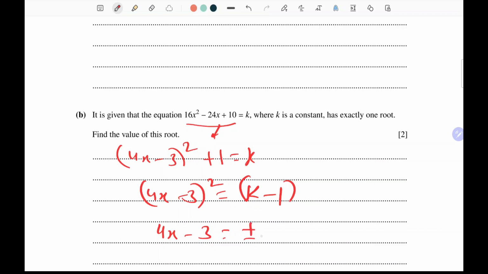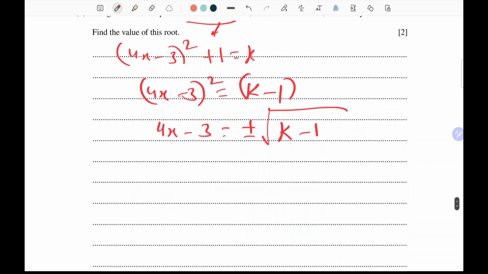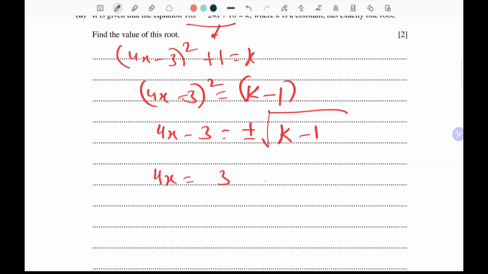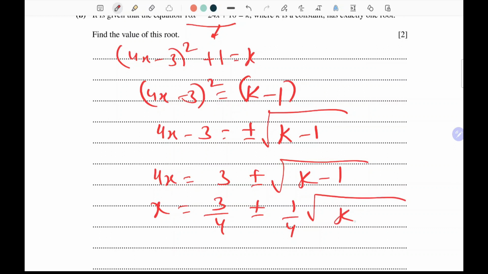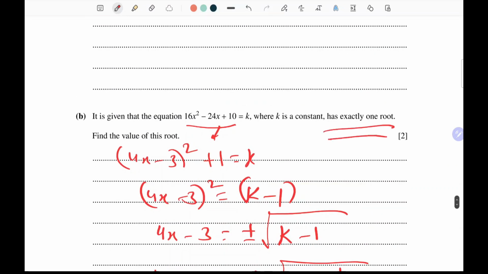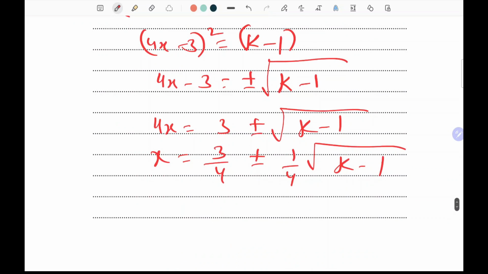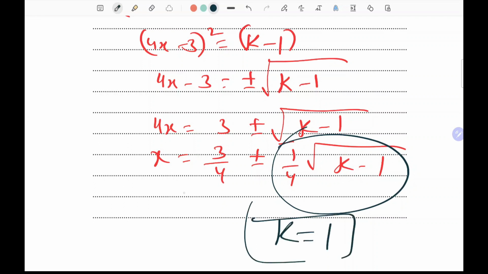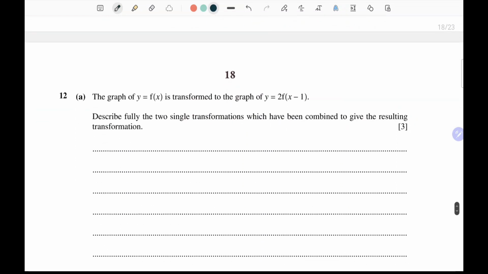Now 4x minus 3 equals plus or minus root of k minus 1, and 4x equals 3 plus or minus root of k minus 1, and x equals 3 over 4 plus or minus 1 over 4 root of k minus 1. Now you can check here for exactly one root. If you have some value of k in this, then obviously you will have two values of x, 3 by 4 plus something and minus something. But we need to get only one value of x, so this part must be 0. How can it be 0? When k equals 1. If k is 1, then this part will be 0, and x is 3 over 4. So k is 1, that's it.